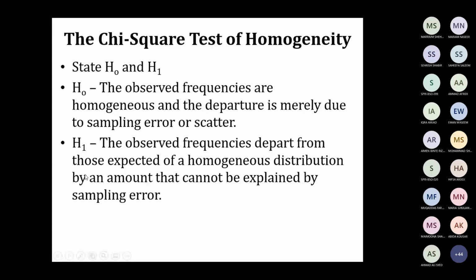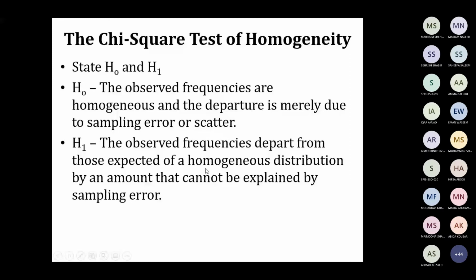The observed frequencies depart from those expected of this distribution by an amount that cannot be explained by sampling error. In simple words, there is a significant difference between the observed frequencies, and they cannot be considered homogeneous. So the frequencies that we have observed depart from the expected frequency, right?